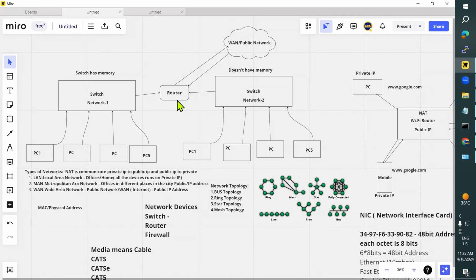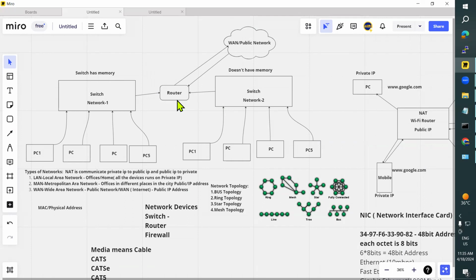We need the main door locked, then only will thieves not enter our home. So we need to protect our network from the public network, because in the public network many people are there, and you cannot tell which are the good people and which are the bad people.